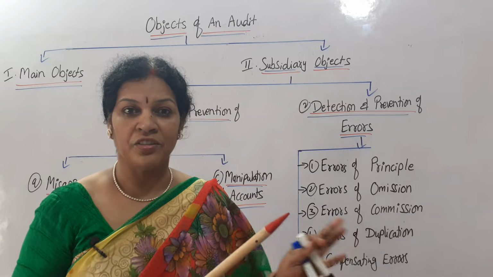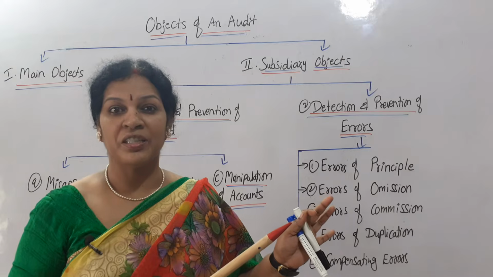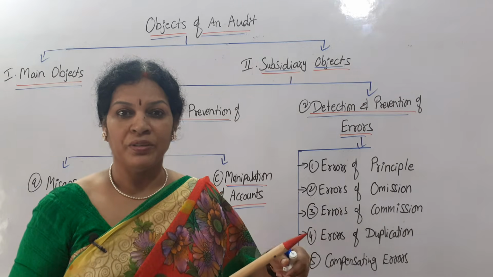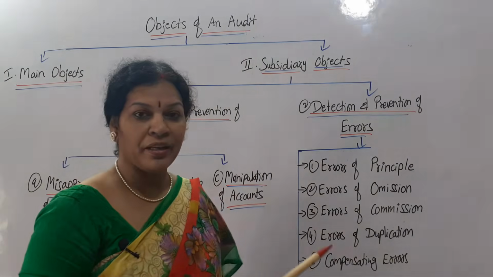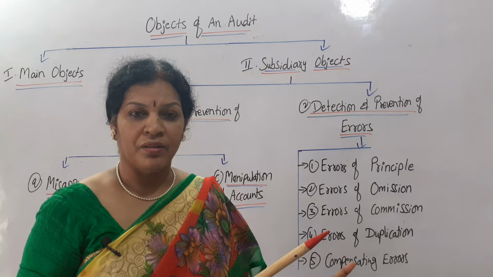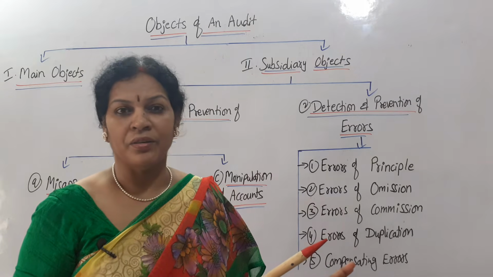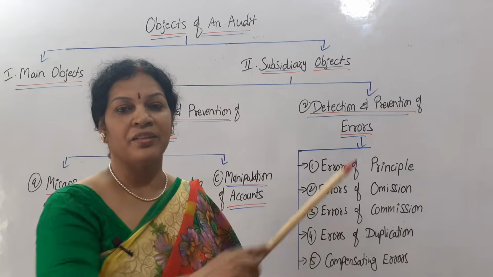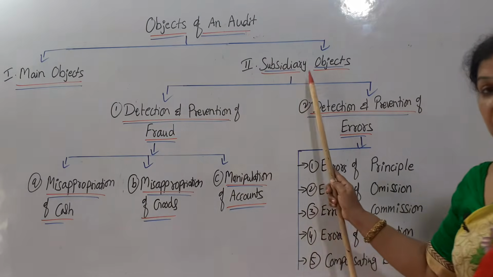Fraud is intentional, deliberately something has been done to deceive the other person. With a bad intention, when something is prepared, that is fraud. But error means simply by mistake or unknowingly and with half knowledge, if something happened, then that is called an error.